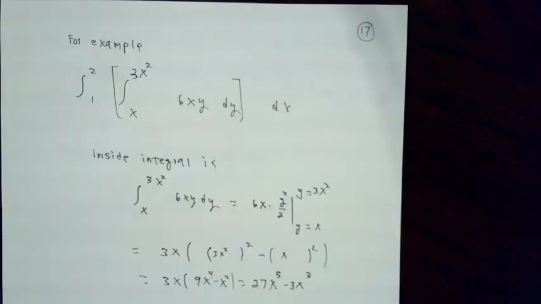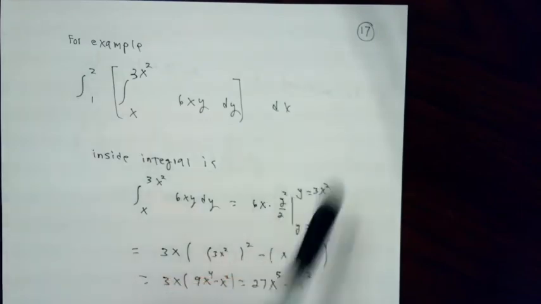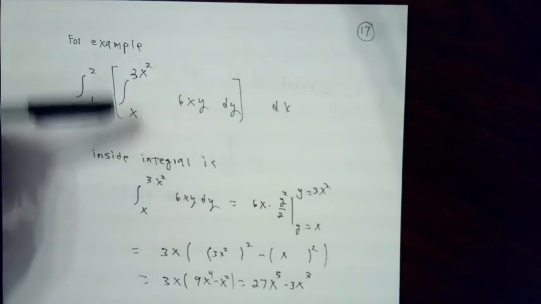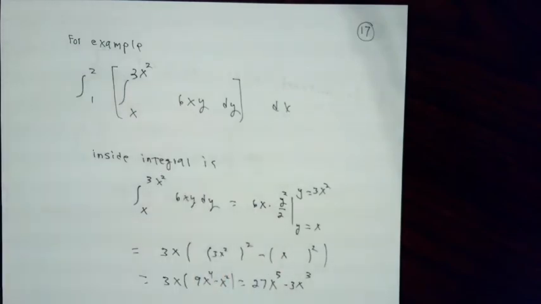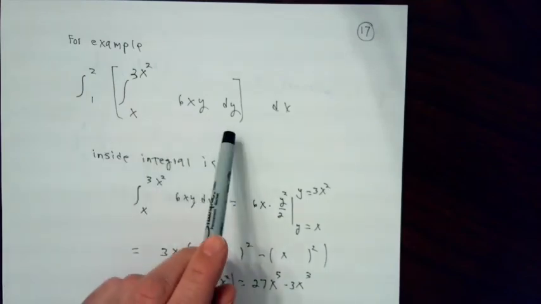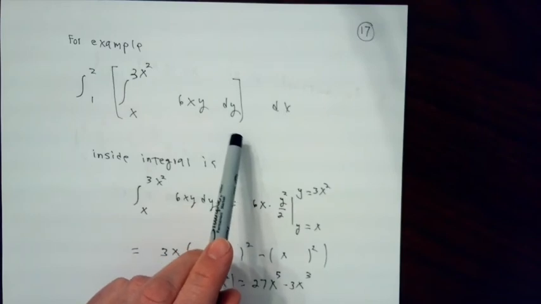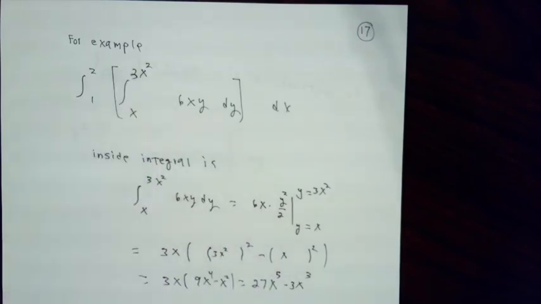As an example of this, let's look at the integral from 1 to 2 with respect to x of the integral from x to 3x squared with respect to y of 6 times x times y. Before we begin, let's just make sure that things make sense. This inside integral is being done with respect to y, and y does not appear in the limits of integration.